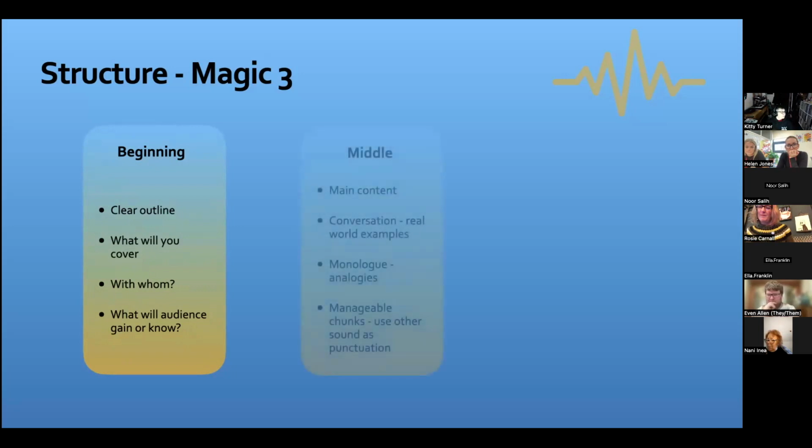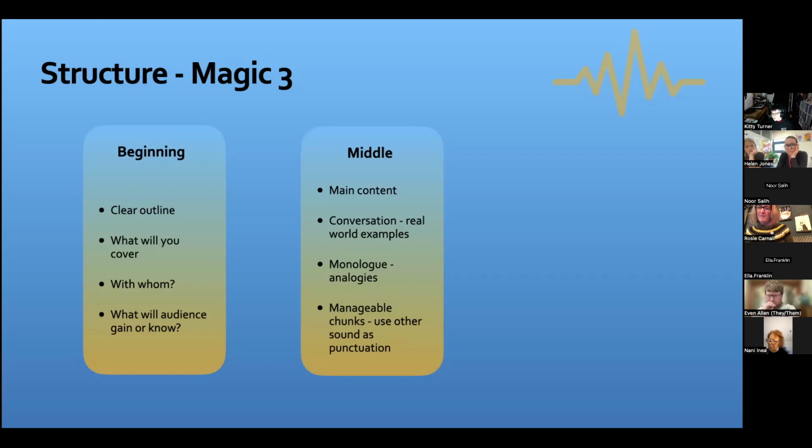The middle, the meat and potatoes, the main event, the conversations and interviews. Try to get your guests to provide real world examples to things they're discussing. Again, that might happen in a pre-meeting that you might have with your guest, or examples your audience can relate to.